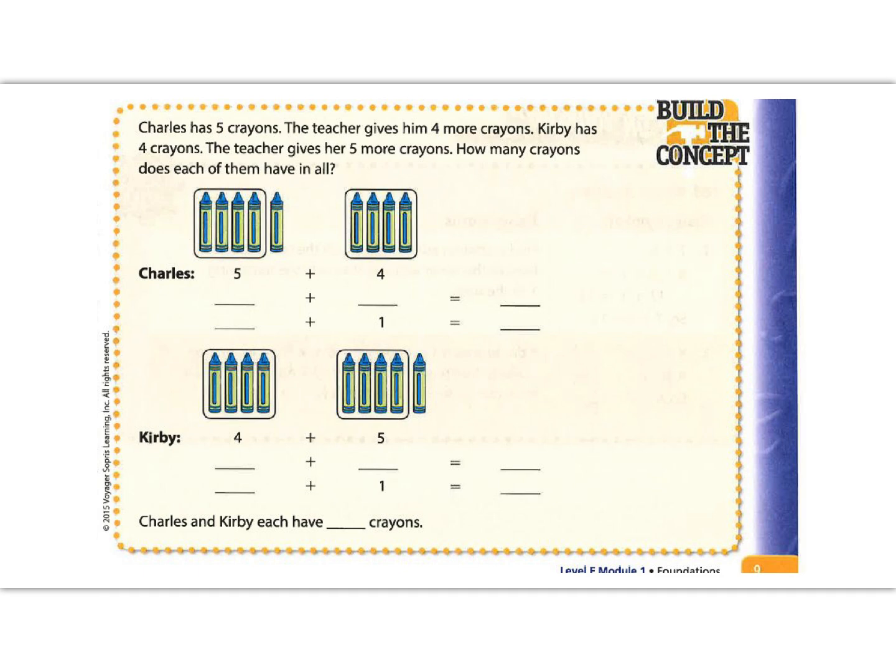So you can break it apart and do 4 plus 4, which equals 8, and then 8 plus 1 equals 9. Same thing here, 4 plus 5, we just broke it up into 4 plus 4 equals 8, and then you do 8 plus that extra 1 is 9. So they each have 9 crayons.